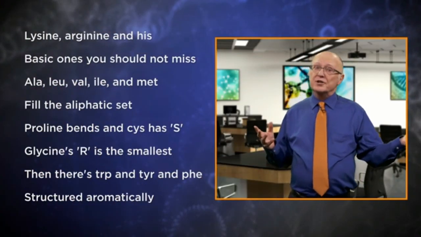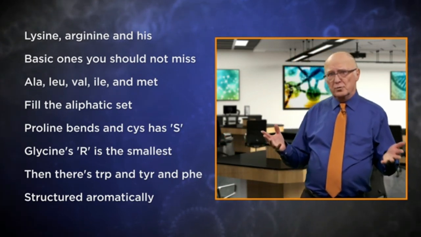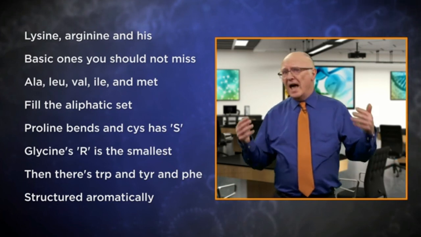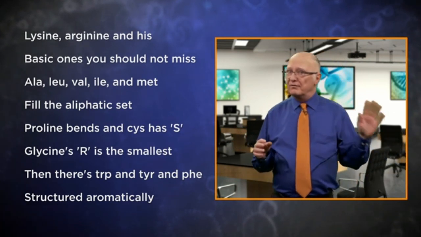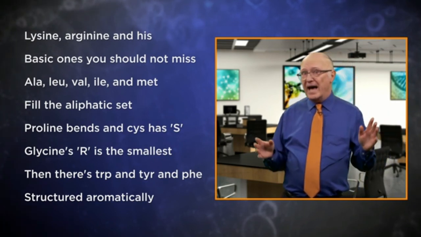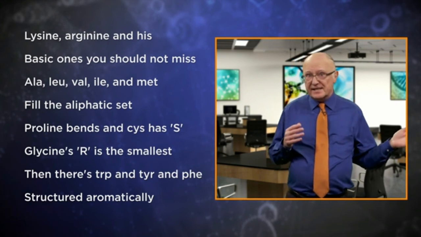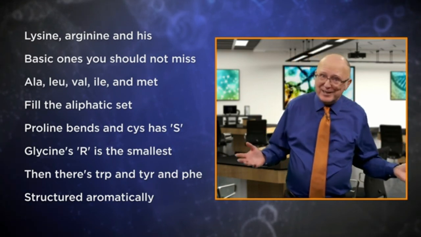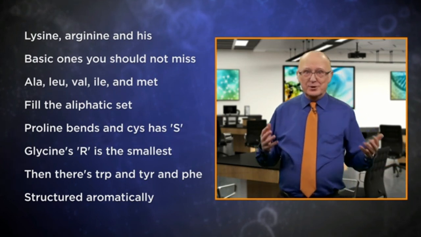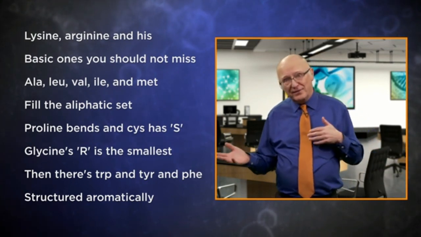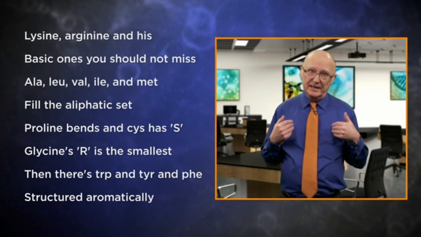Lysine, arginine, and his, basic ones you should not miss. Ala, Leu, Val, and Met, Ile, the aliphatic set. Proline, Asn, and Cys has S. Glycine's R is the smallest. Then there's Trp and Tyr and Phe, structured aromatically.